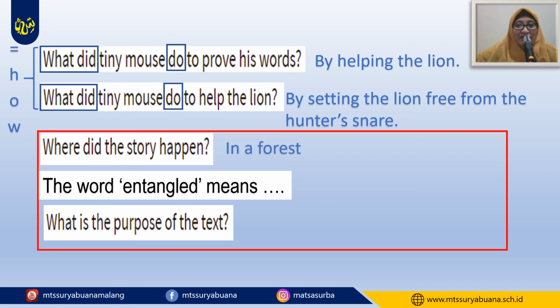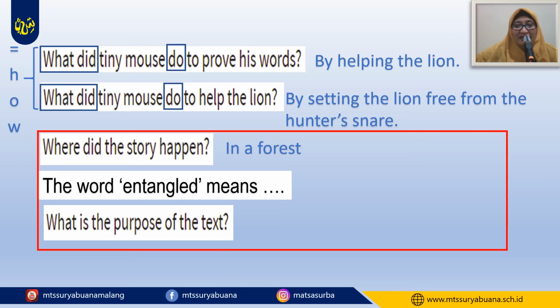The answer to the question, where did the story happen, is in a forest. Maybe you ask, but the first part happened in the lion's den, right? In the initial part of the story.